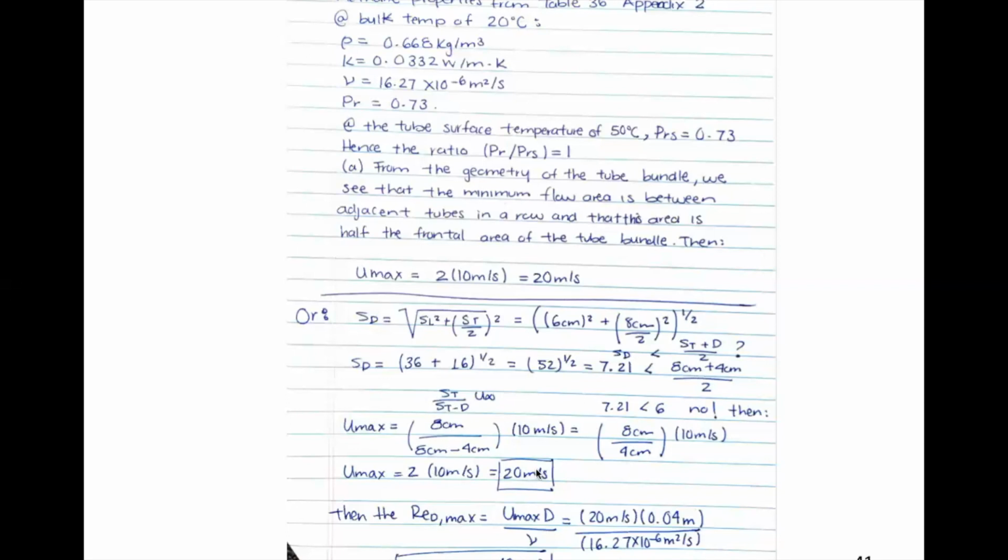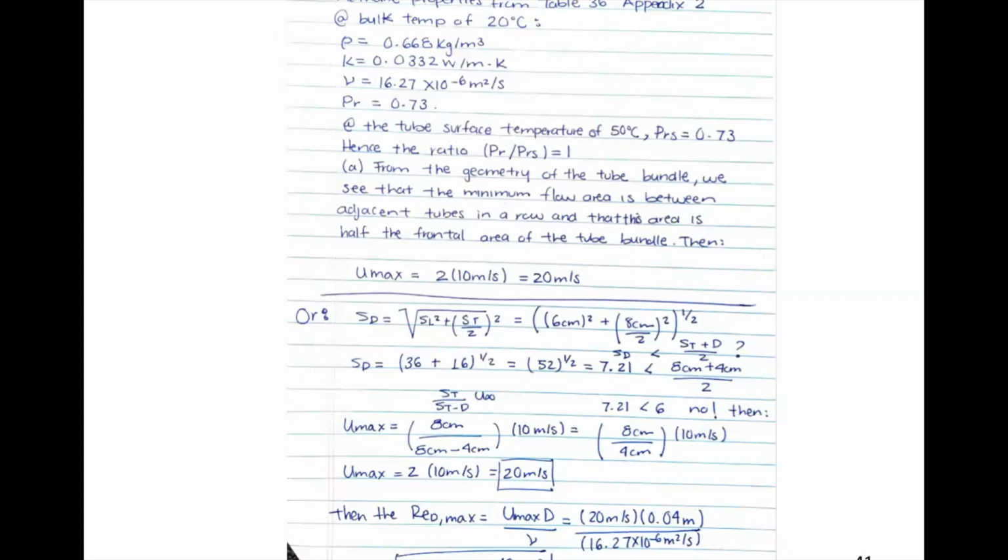Okay, so that's how you can apply the little algorithm I gave you in order to find the maximum velocity in the bank, so then you can get the Reynolds number. This kind of approach that your book gives here, I think is doable once you get more practice with tube bundles. For now, I think the algorithm becomes pretty useful. In the meantime, you get some practice.